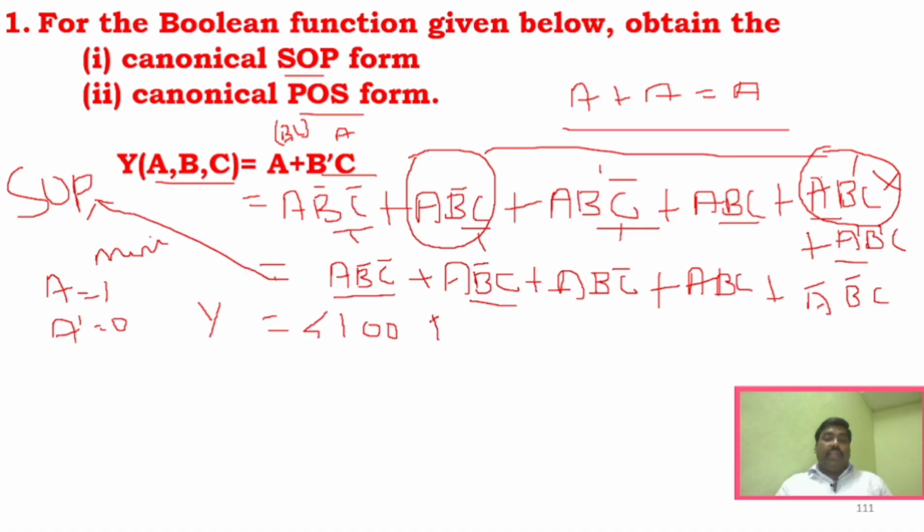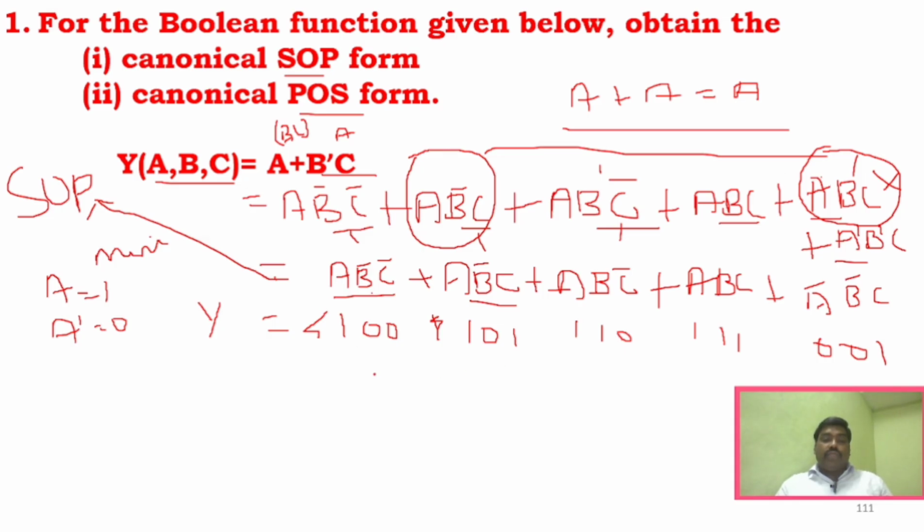For this term, it is 1, 0, 1. This term is 1, 1, 0. This term is 1, 1, 1. And this term is 0, 0, 1. If it is bar, it is 0. If it is non-bar, it is 1.